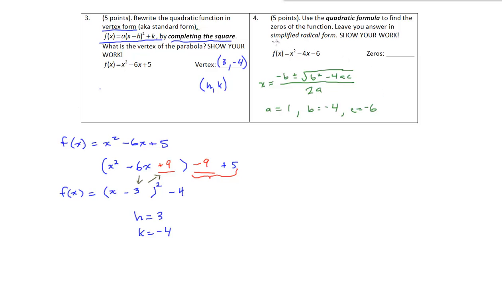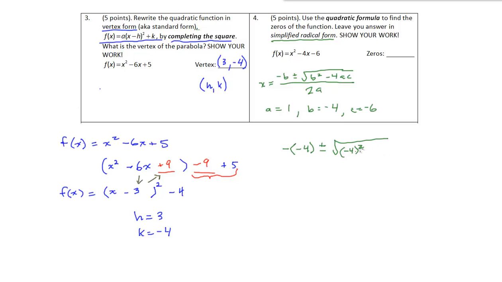Now, simplified radical form, you might assume we have to simplify a radical in this case. Well, let's just plug in values. The opposite of b is the opposite of negative 4, plus or minus square root of negative 4 squared.